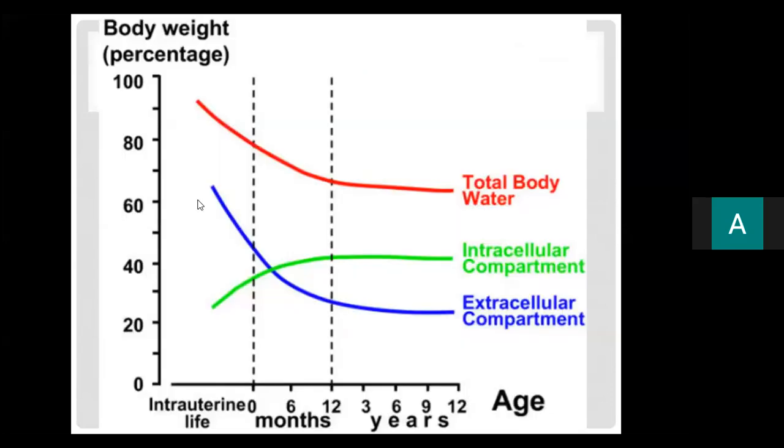So looking at their total body water, if you look at this graph, in the first 3-4 months, in the first 1 year of life, you have a raised total body water that goes to adult levels by about 2-3 years, which is about 65 to 70%.